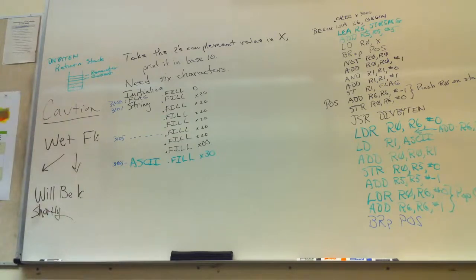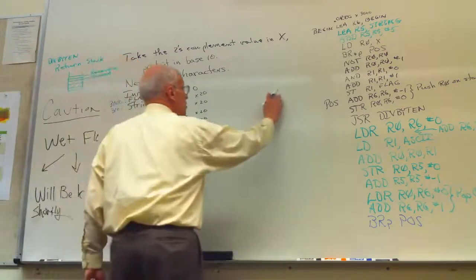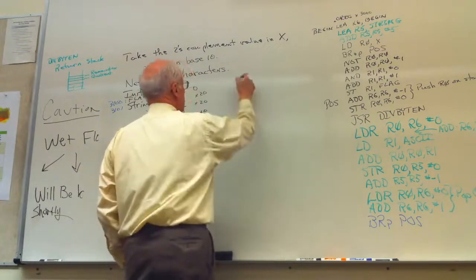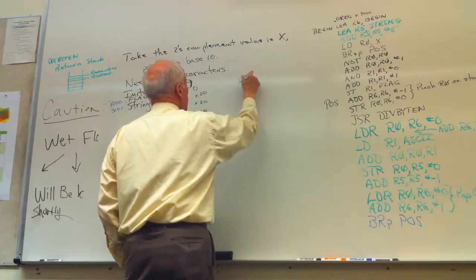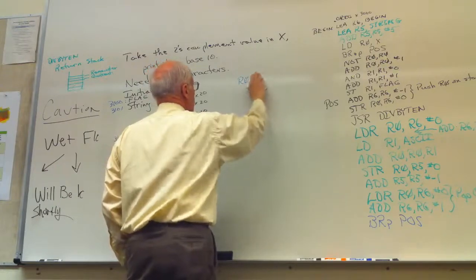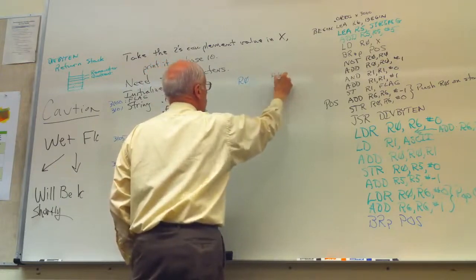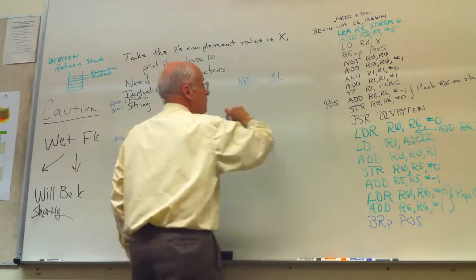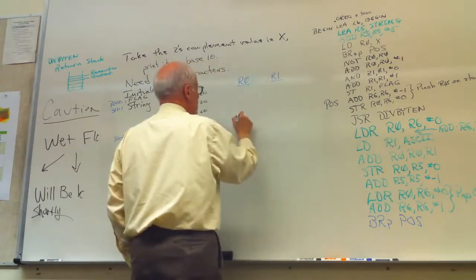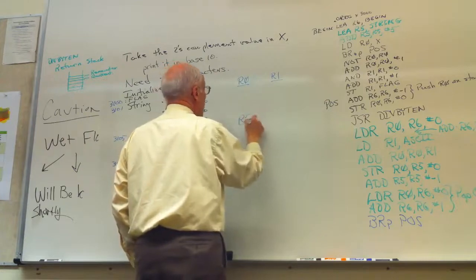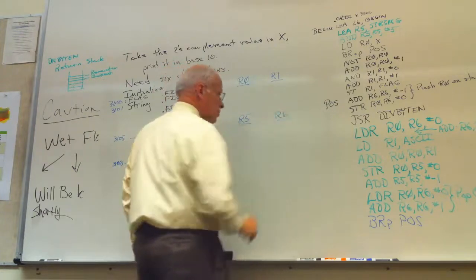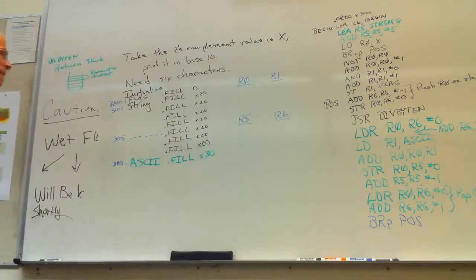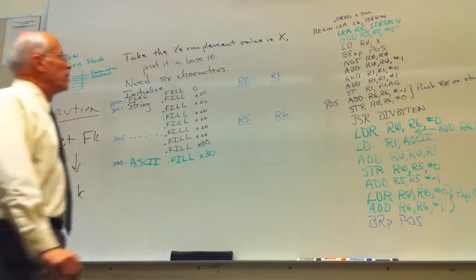Let's see what happens to us. I don't have a location for X. That's all right. We're still just kind of checking our logic here. Let's see, we use register 0, register 1, register 5, and register 6. Okay, what do we do here?